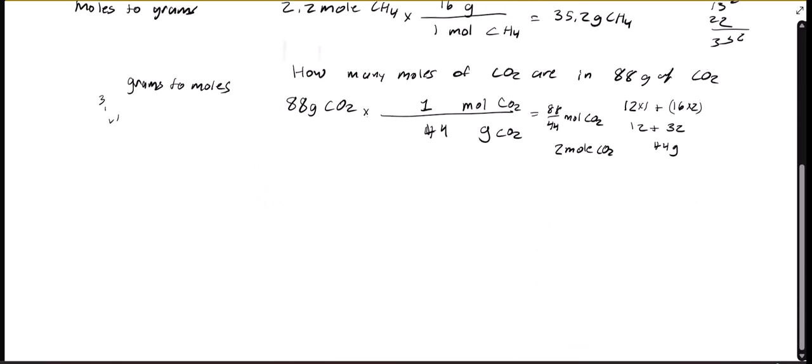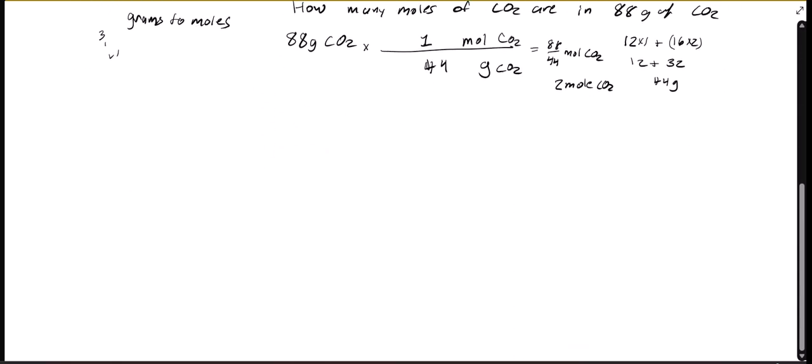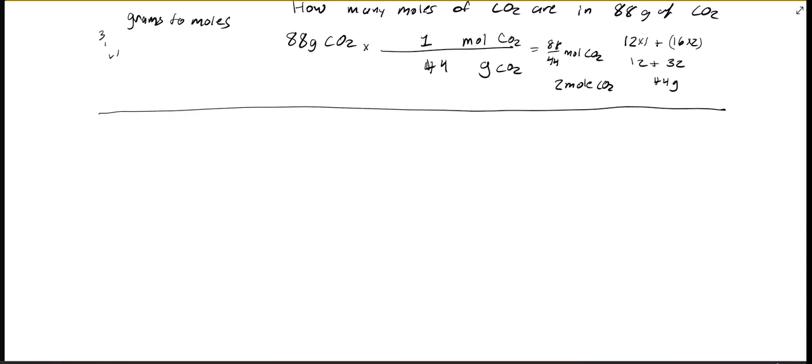Okay, now we also have the relationship that our chemical formula tells us something about how many atoms are in each molecule. So, how many hydrogen atoms are in 1 molecule of C2H6?